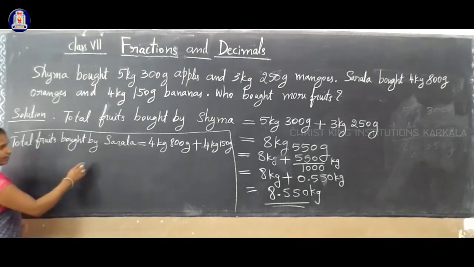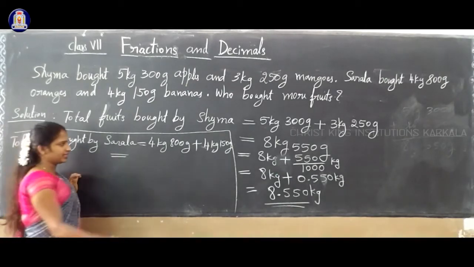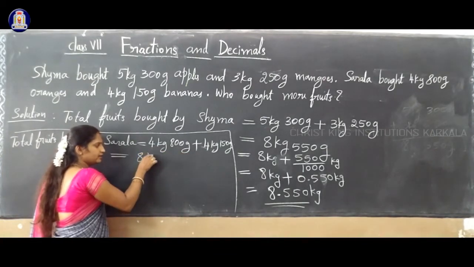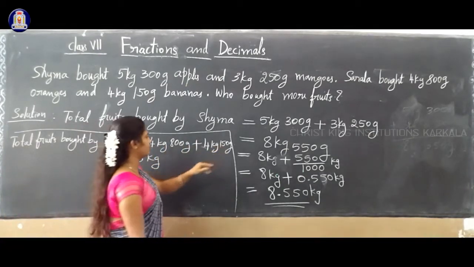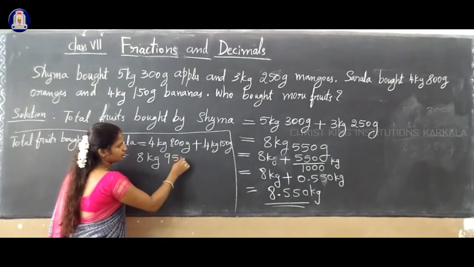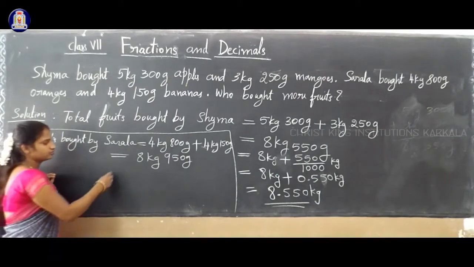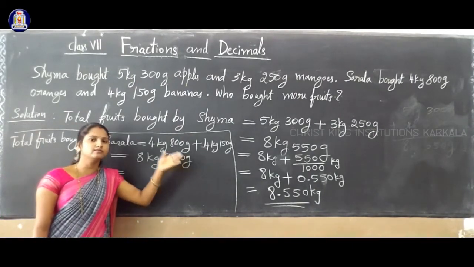So now if you add, we get 4 kg 800 gram plus 4 kg 150 gram. The answer is 4 kg plus 4 kg, you get 8 kg. Now 800 plus 150, we get 950 gram. So now see, 950 gram you can write in terms of kg.